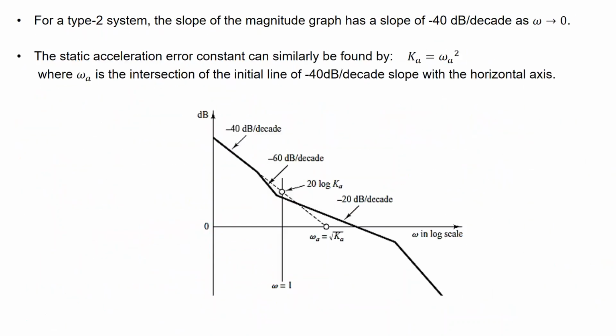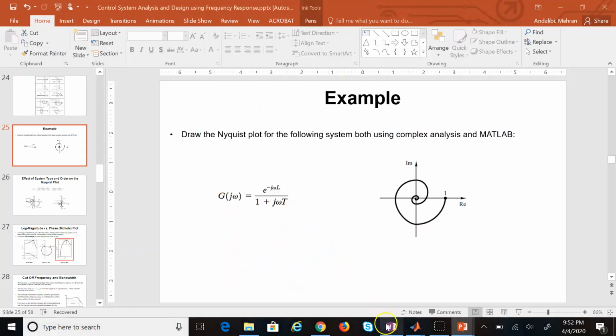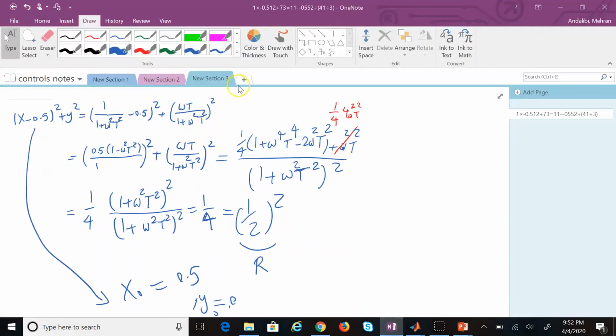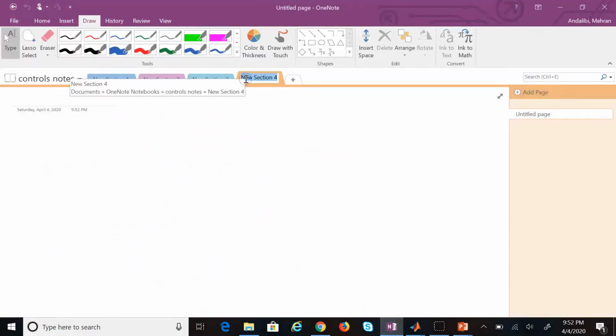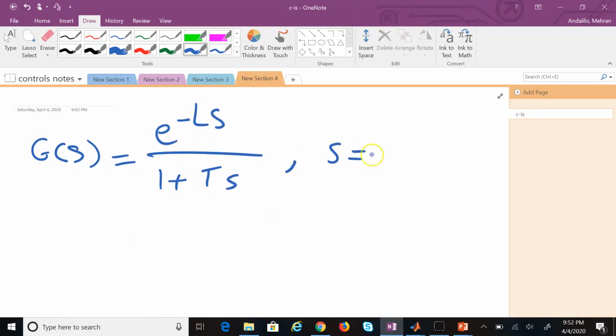But what about the Nyquist plot? What's the effect on the Nyquist plot? Well, let's do that here manually. So if I go to Microsoft OneNote, here we'll define g of s as e to the negative L times s divided by 1 plus ts, and for s we plug in j times omega.